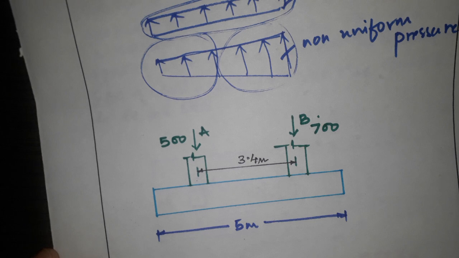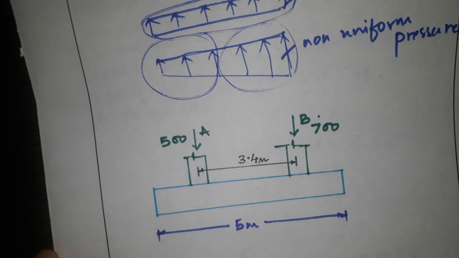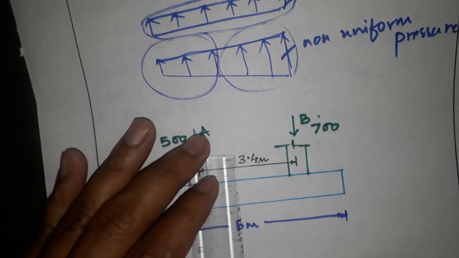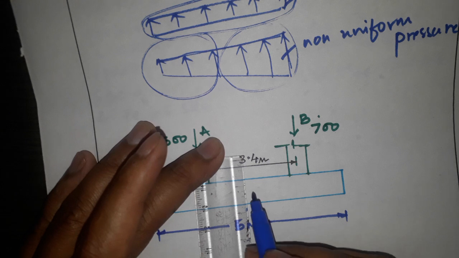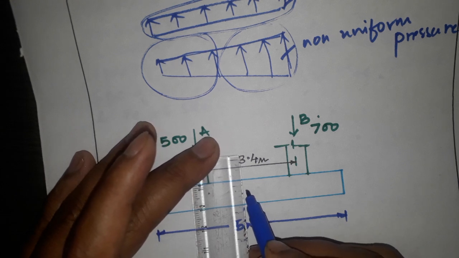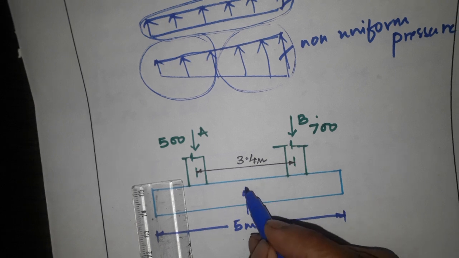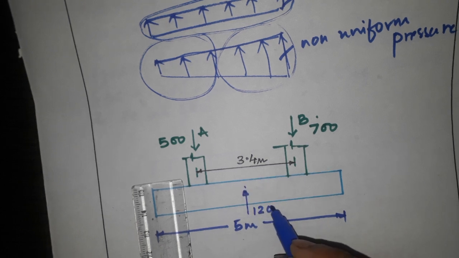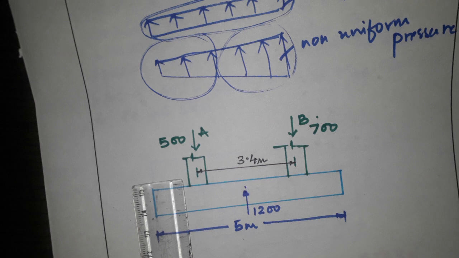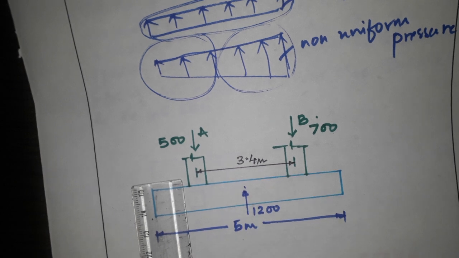Now we have to adjust the CG. Here we have the CG of the load. So how much will it be? It will be 1200, in the opposite direction. 1200.